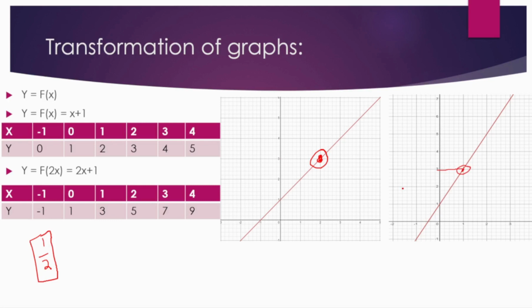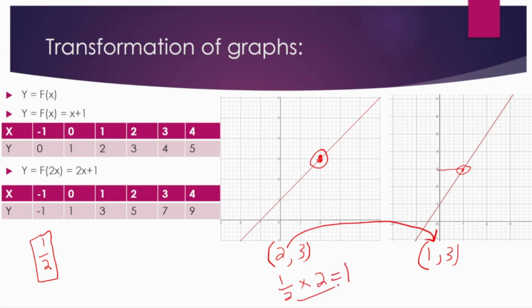So for the first one we have 2 and 3, and for the second graph we have 1 and 3. Now let's describe what is happening. So as you can see, every x value is being halved. What you can say is 1 over 2 into 2 is equal to 1. This is basically what's going on.